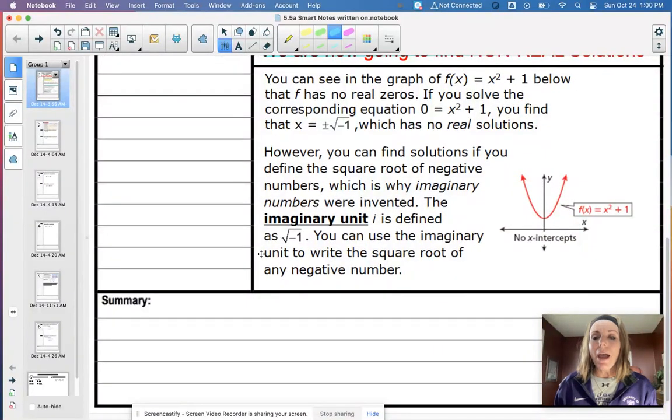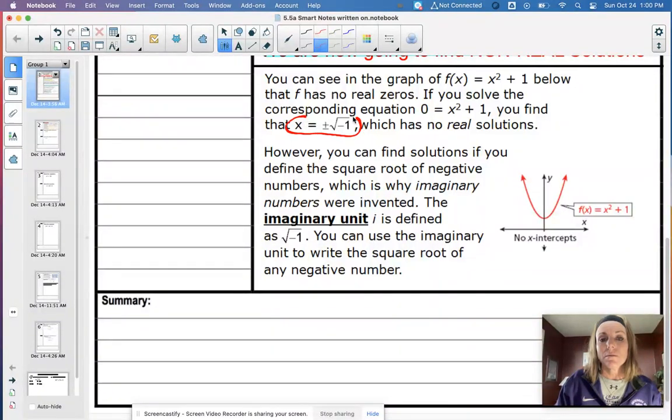You can see in the graph of f of x equals x squared plus 1 below that f has no real zeros because it doesn't intersect the x-axis. If you solve the corresponding equation, this is what happens. That means it has no real solutions. There's a negative under the square root.